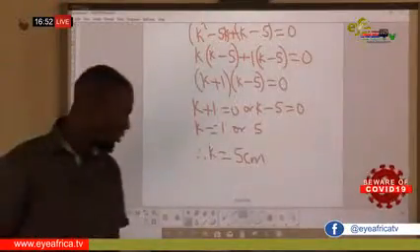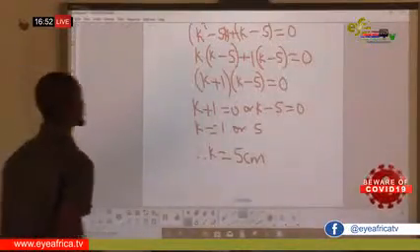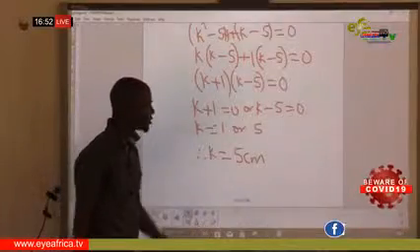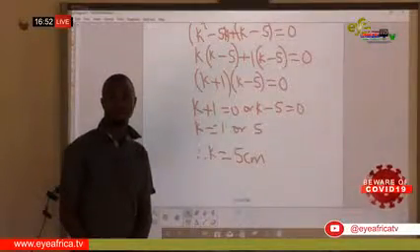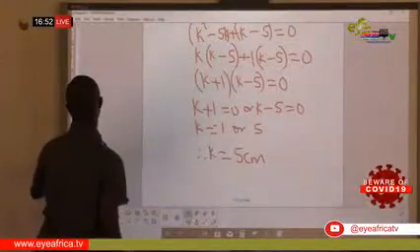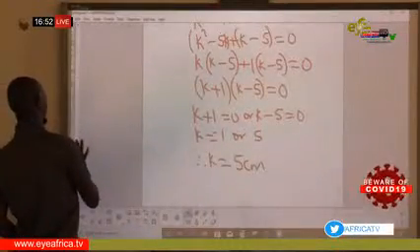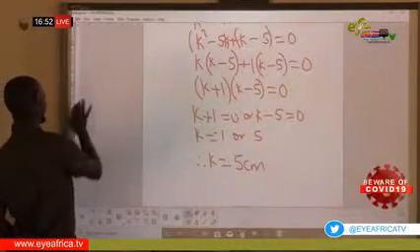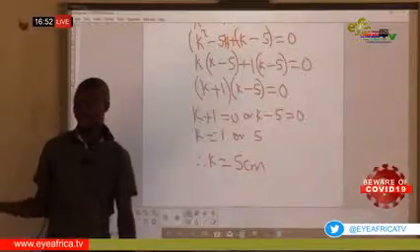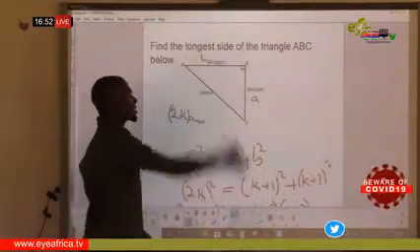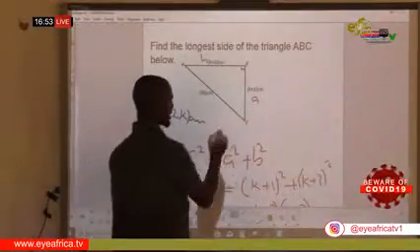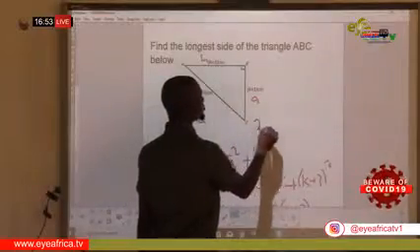And what are we asked to find? The longest side of the triangle. What is the longest side? The longest side of the triangle is the hypotenuse. The longest side, as you can see, is 2k.